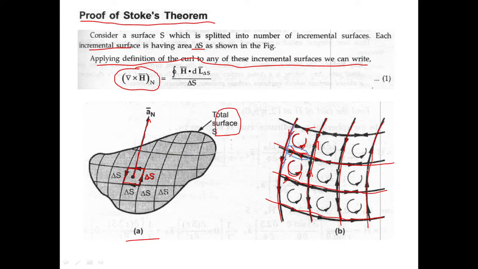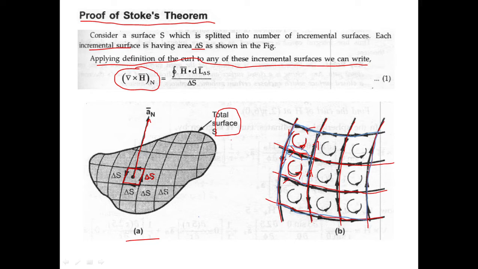Now the area I get will be like this. Similarly, when I apply it for all the surfaces, I'll get only the outer boundary, because whatever line is between two surfaces will have arrows in both directions, and they will cancel each other out. So when you solve for many differential surfaces, it will give you only the outer boundary.